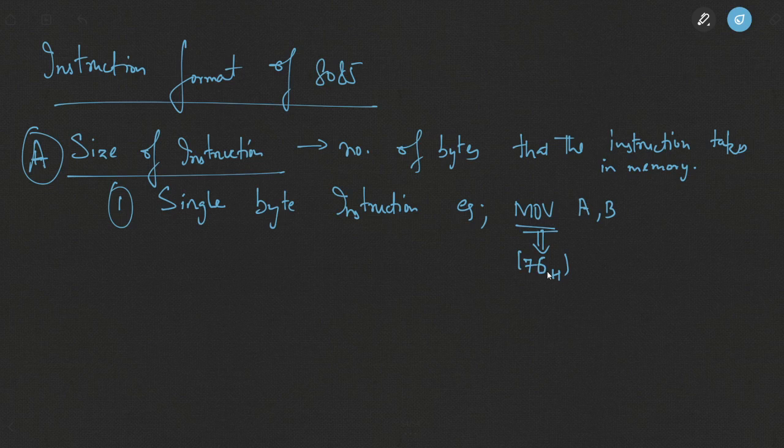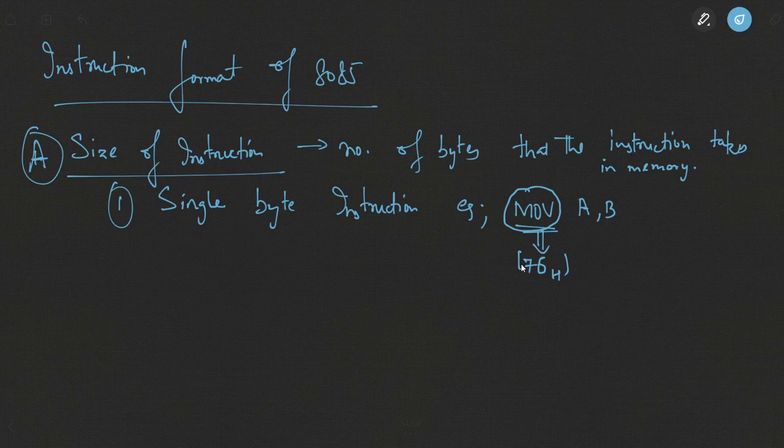When we transform the hexadecimal number 76H to binary, it's 8 bits of data. 8 bits means 1 byte, so it's a single byte. For almost every instruction, the opcode will be a hexadecimal number occupying 8 bits of data.